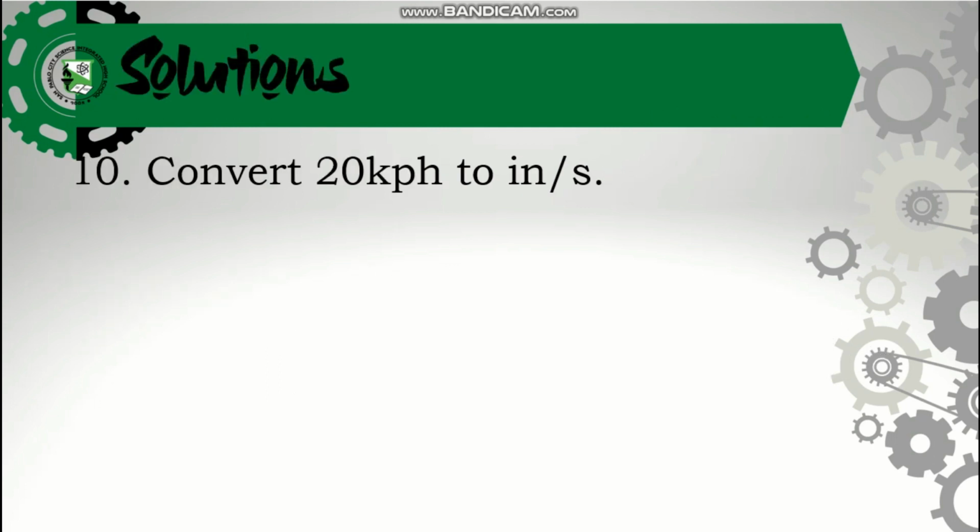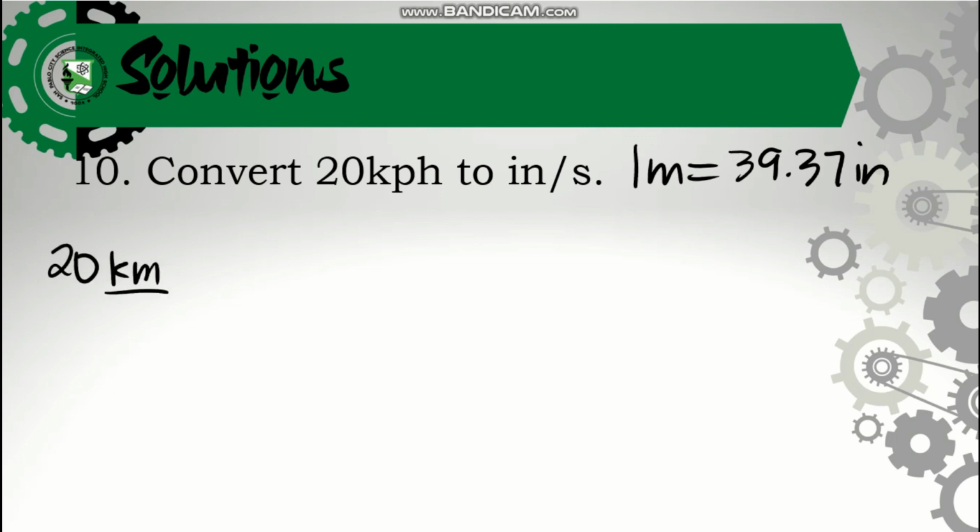Next, we have here number 10, convert 20 kilometer per hour to inches per second. So we will have here the given conversion factor, which is 1 meter is equal to 39.37 inches. Take note to put the given, which is 20 kilometer per hour.